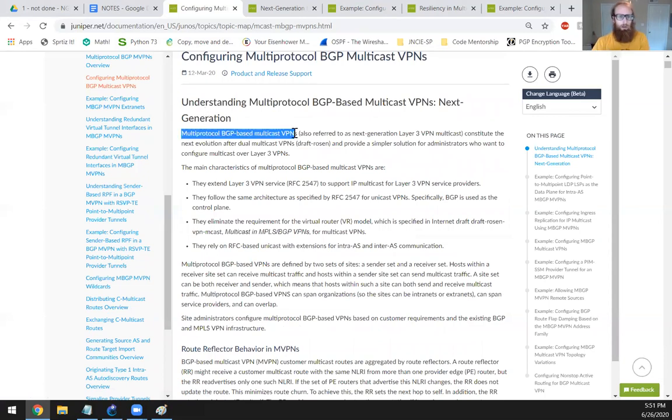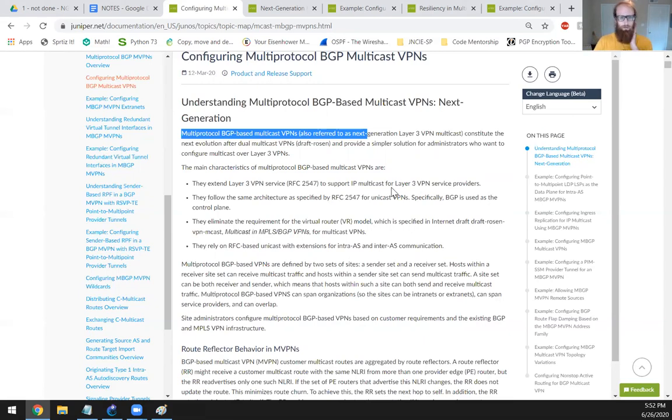So multi-protocol BGP based multicast VPNs, also referred to as next generation layer 3 VPN multicast, constitute the next evolution after dual multicast VPNs, draft Rosen, and provide a simpler solution for administrators who want to configure multicast over layer 3 VPNs.